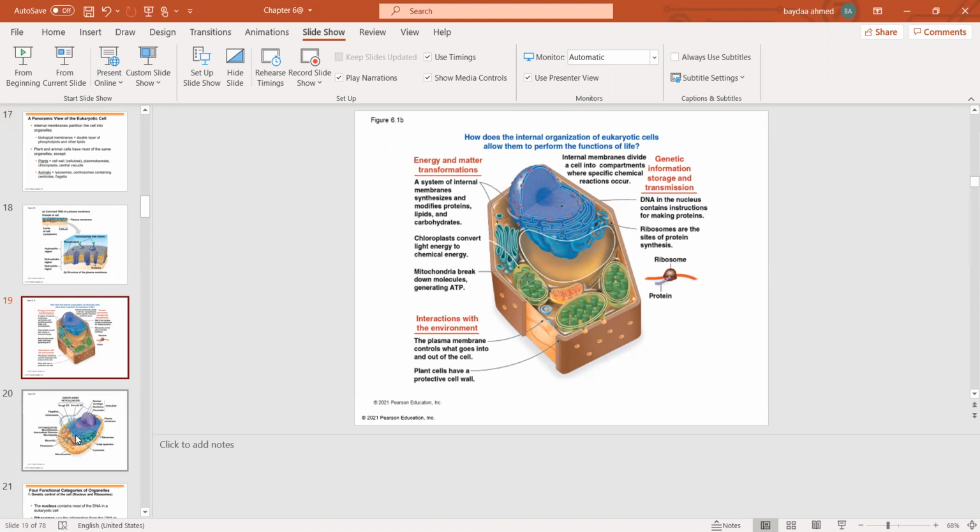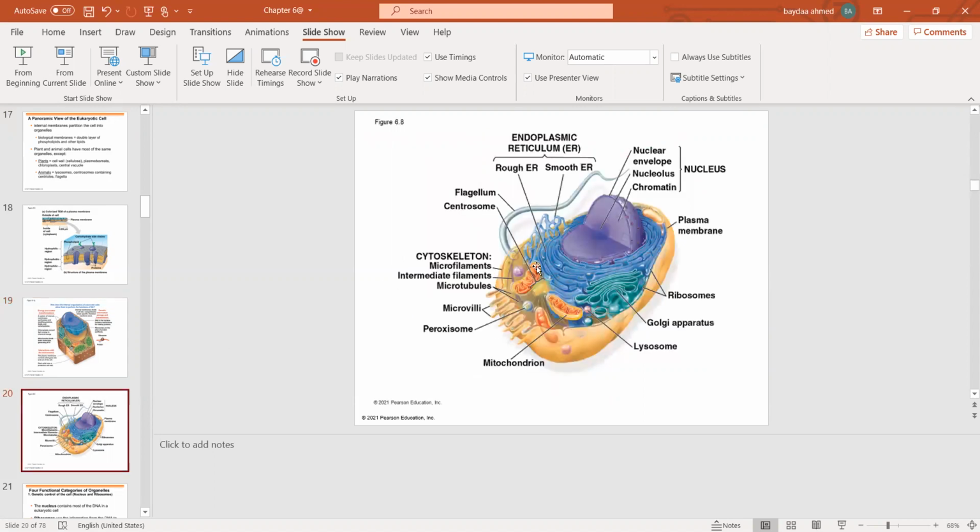Then let's go to animal cells. Animal cells contain lysosomes. A lysosome is a membrane-bound organelle. Lysosomes are digestive organelles with digestive enzymes. They digest the macromolecules.